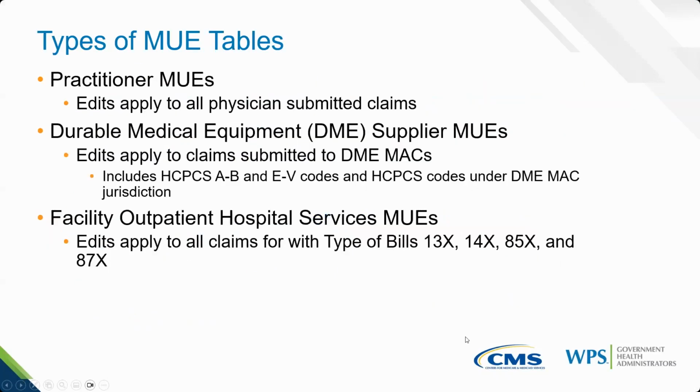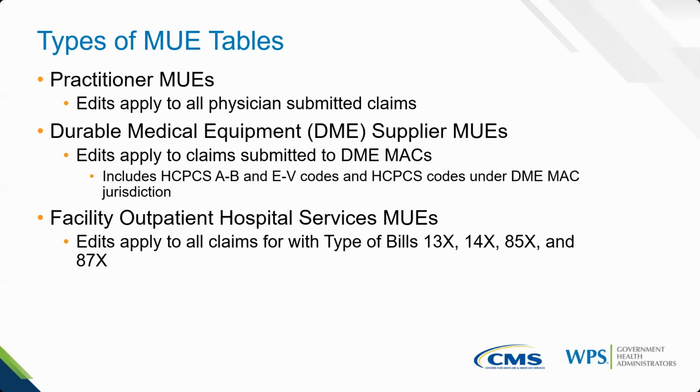There are different types of medically unlikely edit tables to choose from when you navigate to that medically unlikely edits webpage. Practitioner MUEs apply to physician-submitted claims. Durable medical equipment or DME supplier MUEs apply to Part B claims that are submitted to the DME MACs. For these items, the HCPCS codes are alphanumeric, and they identify DME, durable medical equipment, prosthetics, orthotics, and supplies.